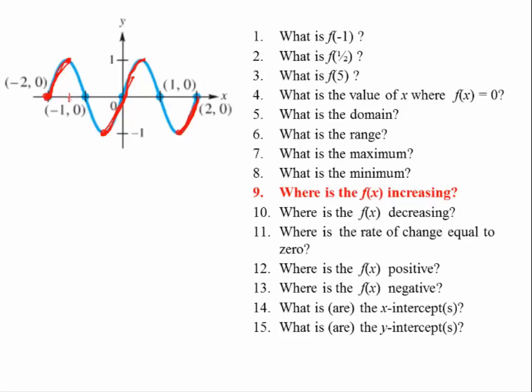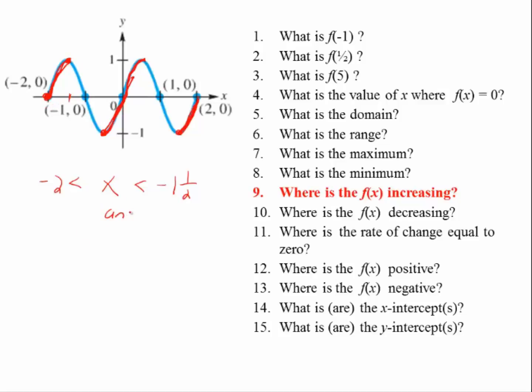For the first section, this is -2, this is -1, so this is -1.5. So from -2 to -1.5, values of x will make the function increase. Now we don't put equal signs on here because we can't increase at a point.